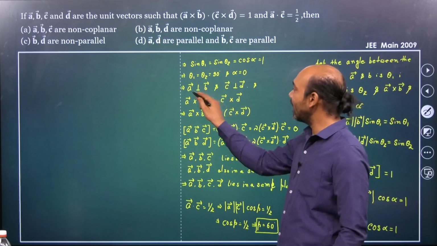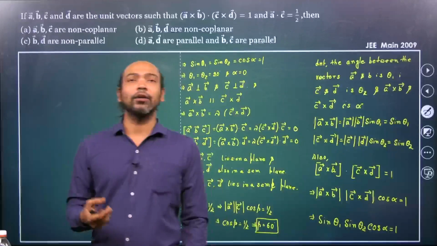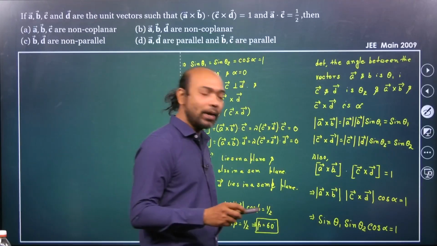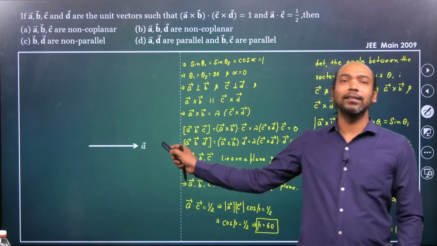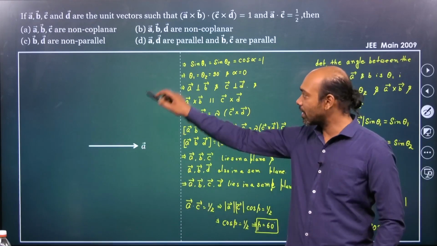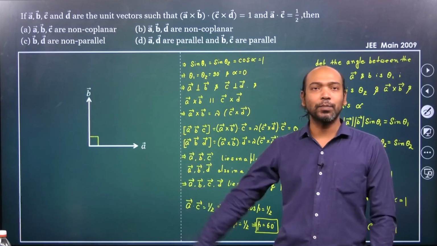Also we'll find that the angle between A and B is 90, C and D is 90, and all that, right? We also know that these lie in the same plane, so we are able to draw that. Let's try to sketch it here. Suppose this is a plane, and we draw a vector A. The vector B is always perpendicular to it.